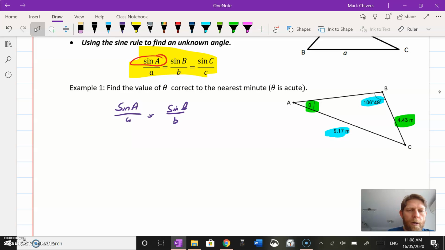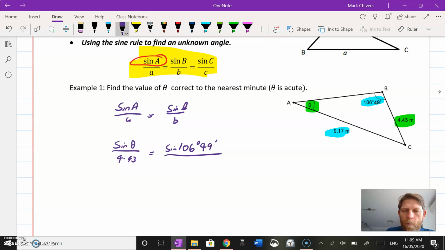Then I'll start putting in what I know from this triangle. The angle is called theta, so sine theta on 4.43 equals the sine of 106 degrees and 49 minutes, over the side that's opposite to that one, so 9.17. Just as we did in the last lesson, we pair up our opposite sides and our angles together.